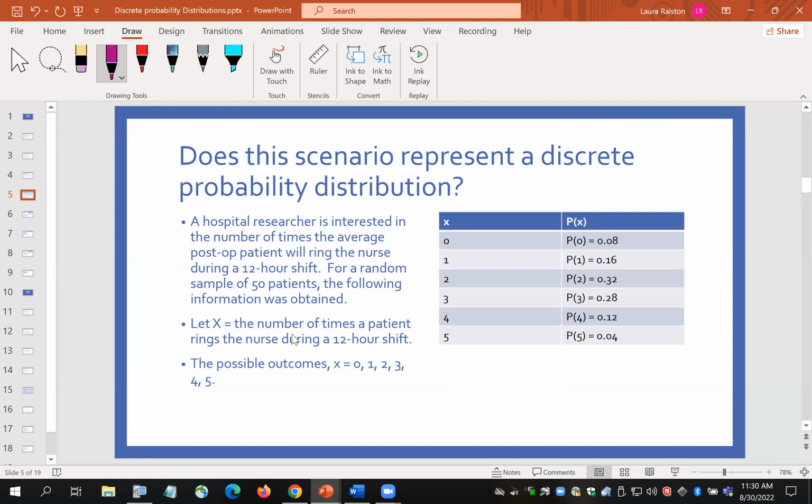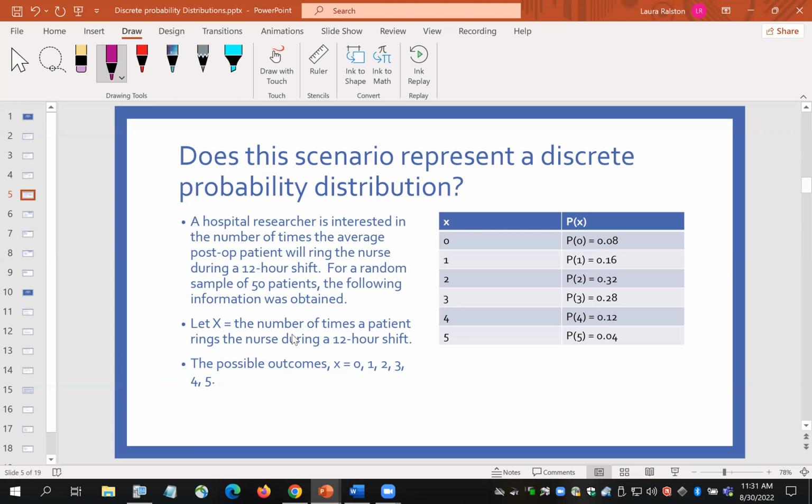For a random sample of 50 patients, the following information was obtained. Let X be the number of times a patient rings the nurse during a 12-hour shift. The possible outcomes are 0 times, 1, 2, 3, 4, or 5 times. Based on the data they collected, they've given us the probability for each of those values.